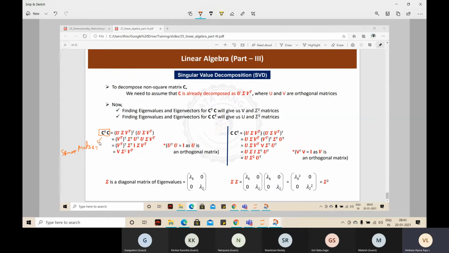This is a square matrix, right? If you look at this, it looks to me like V lambda V inverse. Do you agree? Where lambda is equal to sigma square.